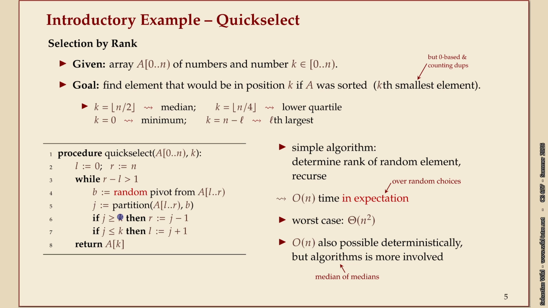Sometimes you're lucky and the pivot element you picked is exactly the one that has rank k, or is at position k in the end. Then you will eventually return it. Otherwise, if the splitting position where the pivot landed is too far to the right, then you have to continue searching on the left. k is still left of that. Then you adjust the upper bound, and the other one is symmetric.